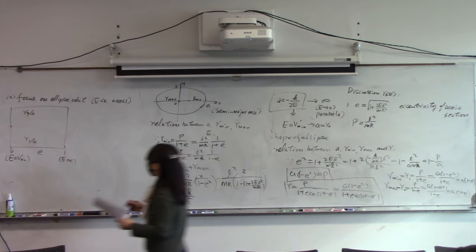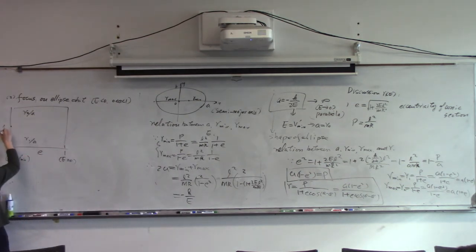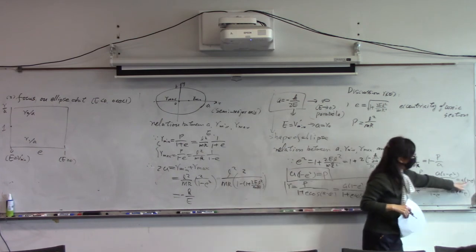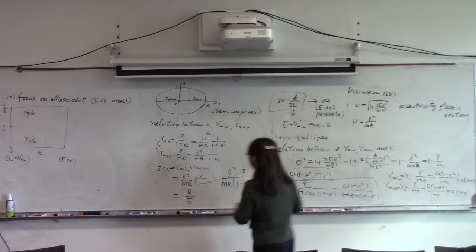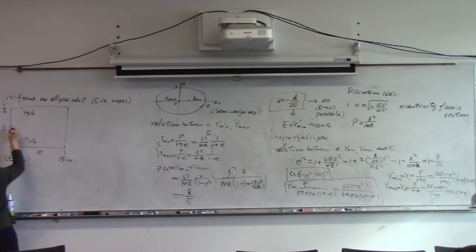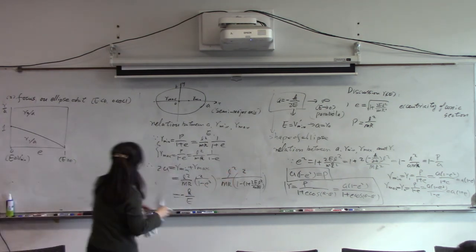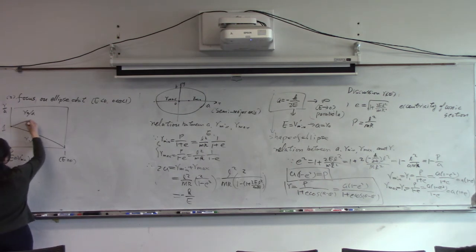So R over A is 1. That is R over A, this vertical axis, and the horizontal is E. So then you can see R1 with E increase, they decrease here, right? So that is 1 minus E, from 0 to E, so that is over here. And then R2 is 1 plus E, right? So R over A is 1, but when E increases it goes to 2, right?